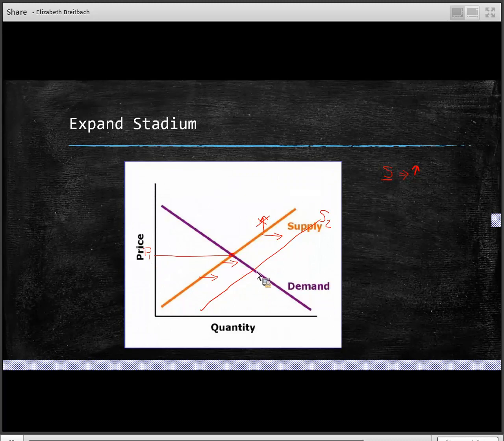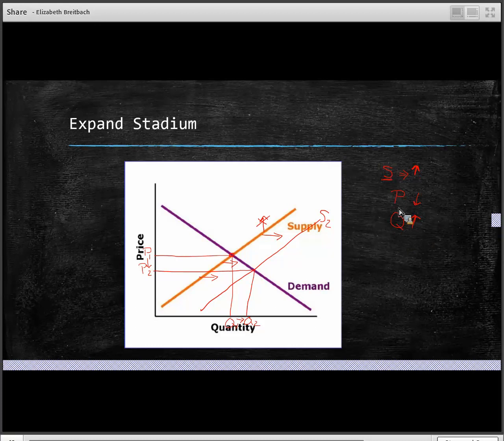Initially we were at P1, and now we're at P2. As the supply increases, the price has decreased. We're now at a lower equilibrium price. Our equilibrium quantity used to be at Q1, and it has increased to Q2. So as a result of the expansion of the stadium, supply has increased, prices have decreased, and the quantity bought and sold in the market has increased.